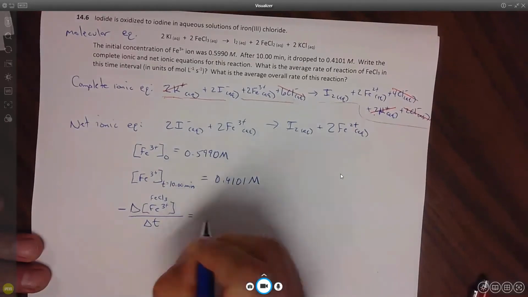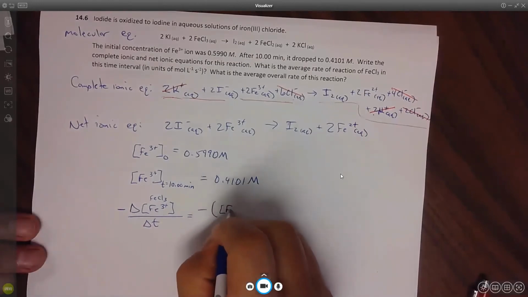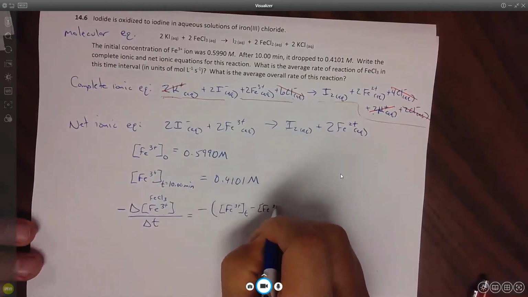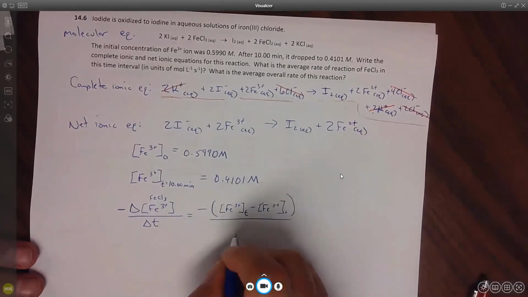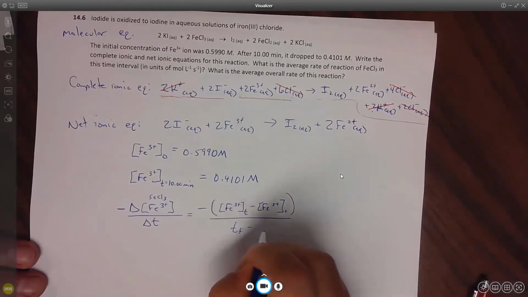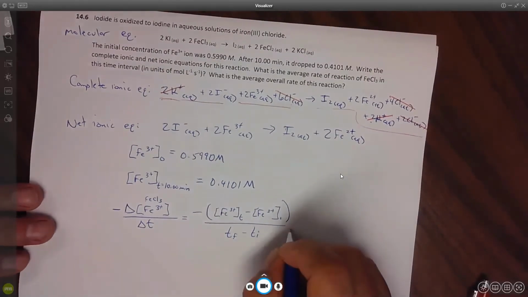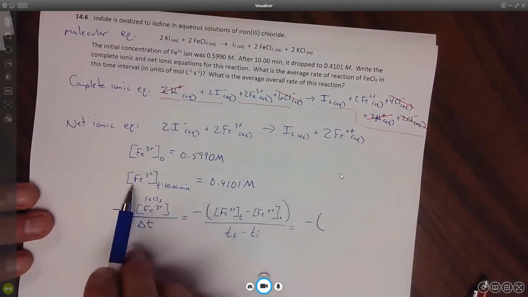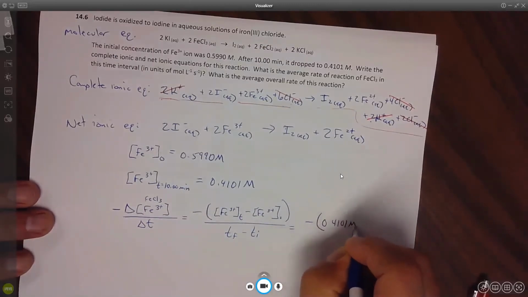Then that's just the final minus initial, right? So this is going to be the concentration at some time t minus the initial concentration, over the time final minus the time initial. The iron at some time t, which is our 10 minutes, is 0.4101 molar.